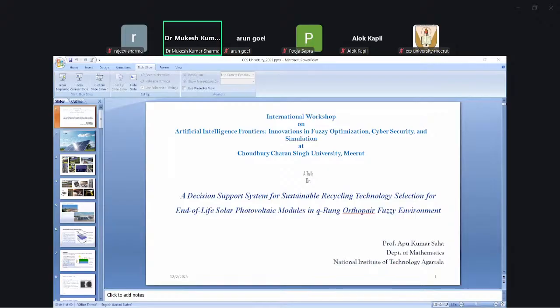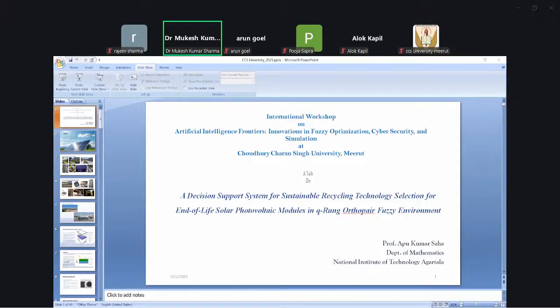Then the aggregation operator is a function from F to the power n to F, and it is defined in this way: the product of mu_i to the power Wi, and the qth root of 1 minus the product of (1 minus sigma_i power q) whole to the power Wi. In this way, we aggregate the different opinions of the experts or decision makers.